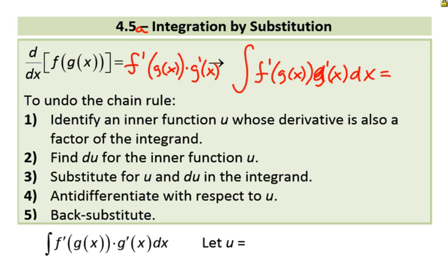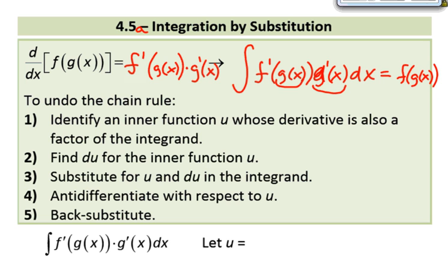That would be f of g of x. So what we're looking for is an integral that has an inner function and then the derivative of that inner function out to the side.